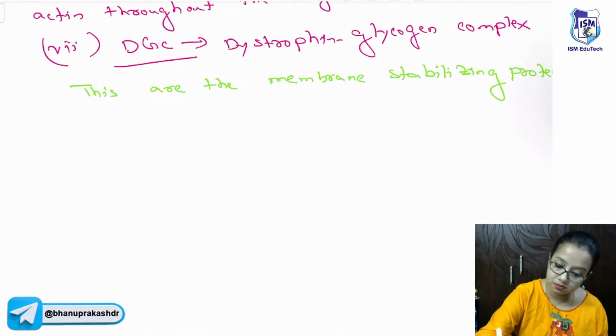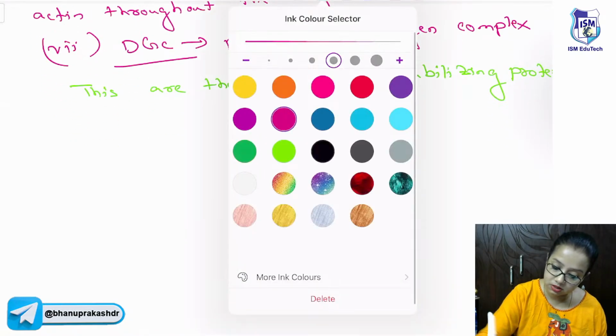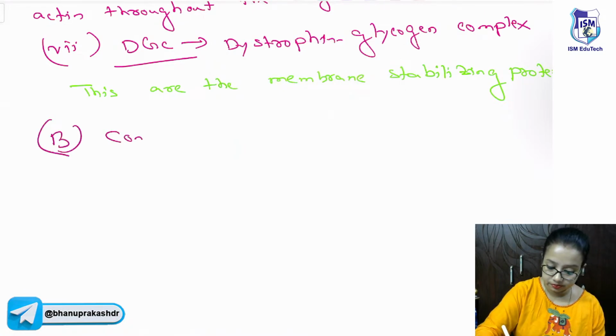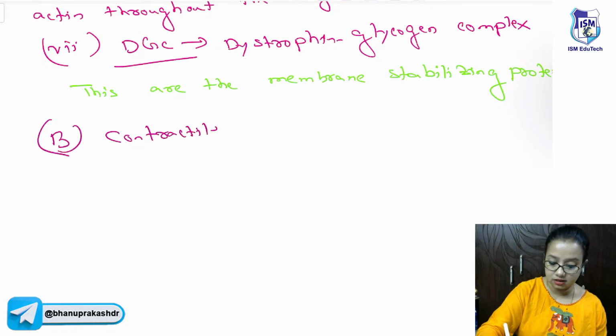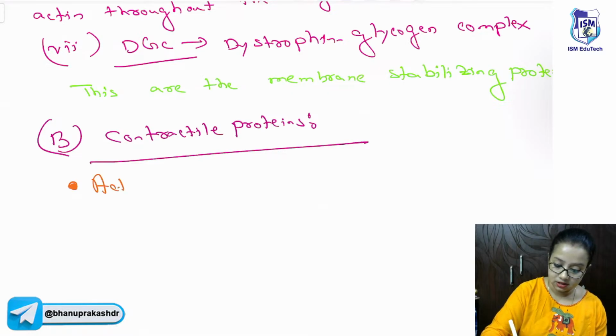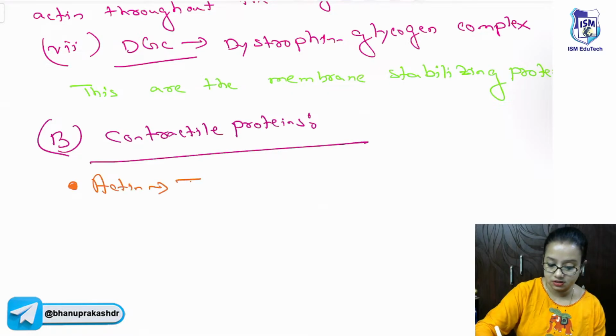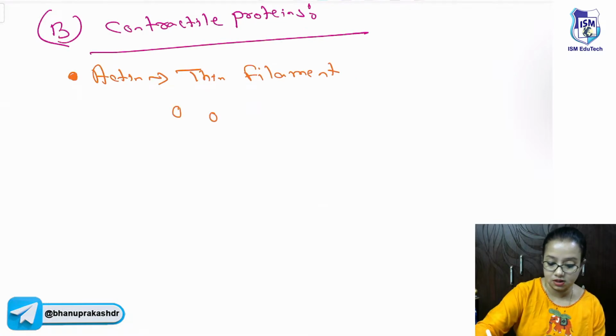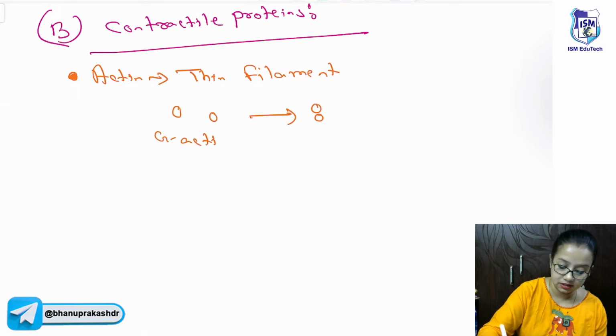Coming to the second type of protein, which is the contractile proteins. What are the contractile proteins? The contractile proteins are the actin protein, which is the thin filament. Now, actin protein, how does it lie? They are first a monomer, then soon they form a dimer. In monomer form, they are called G-actin.